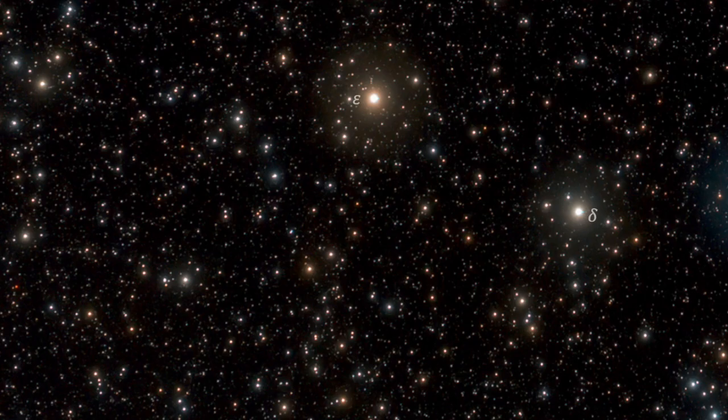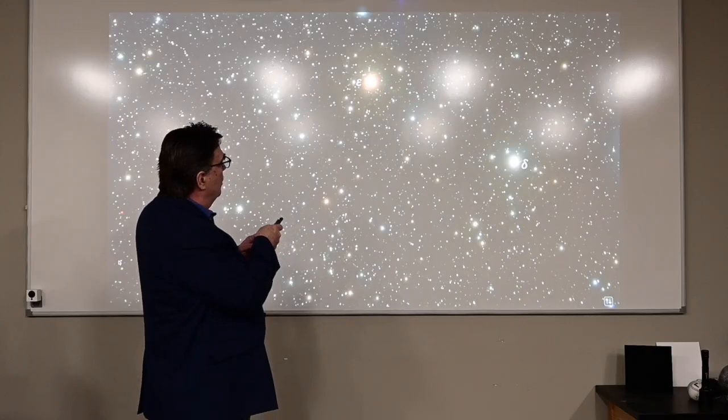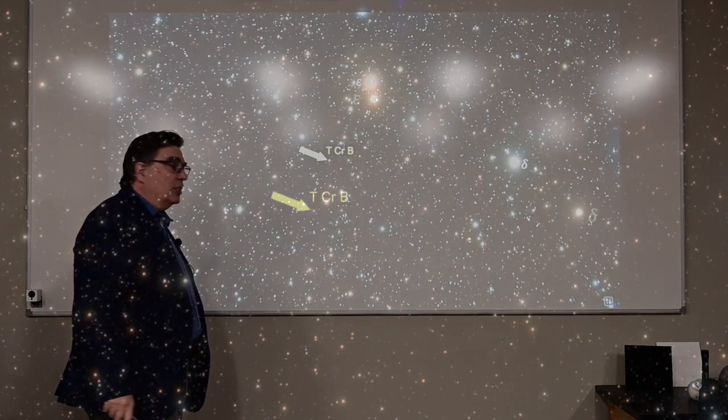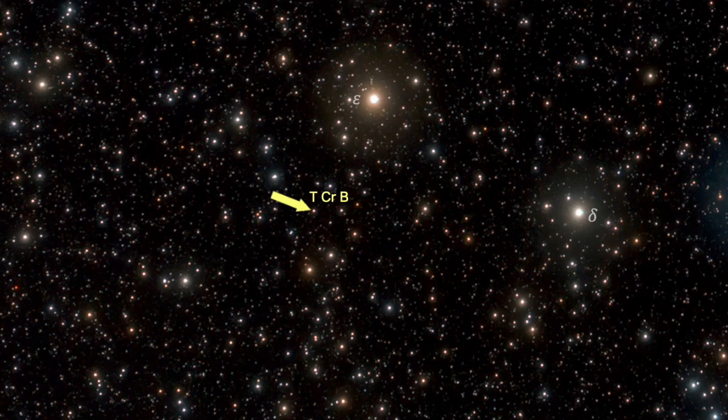Now go towards Epsilon Coronae Borealis and down that distance the exact same amount, and we have located the location of TCRB. Now I know this seems difficult, but we'll show you some other methods here in just a moment, but I do want to show you something very, very important. We've pointed out TCRB here.